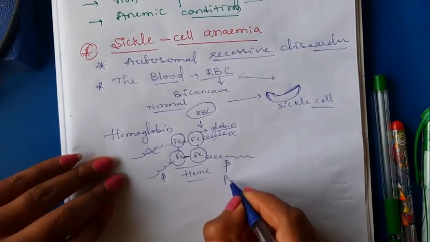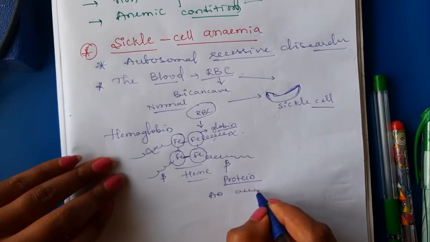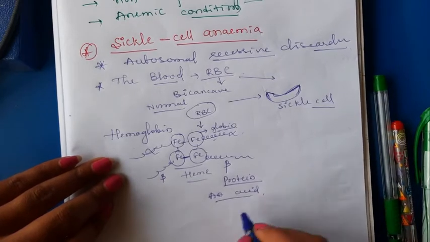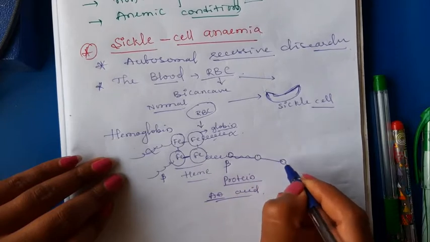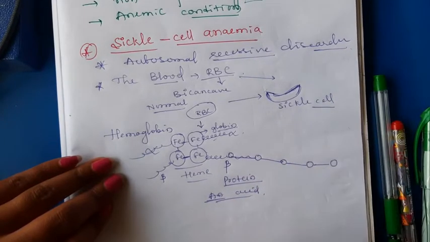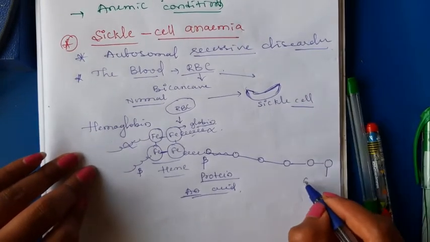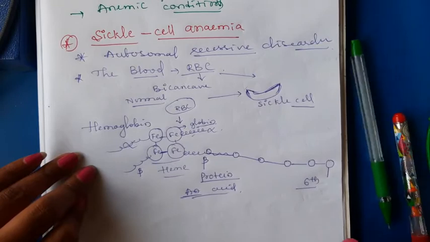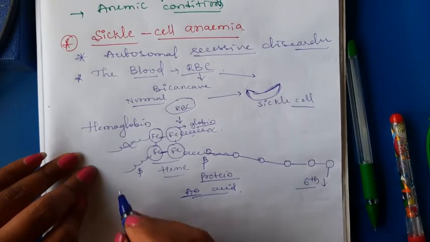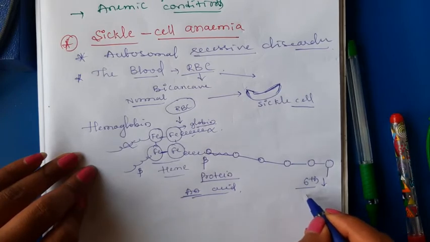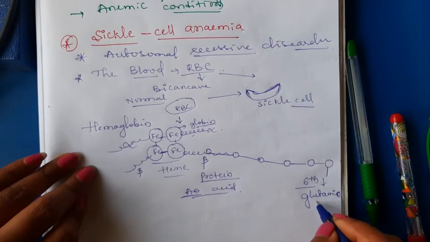Globin is a protein. Proteins are made by amino acids, many amino acids joined to form a complete protein. In the 6th amino acid, in the normal case, it is glutamic acid.